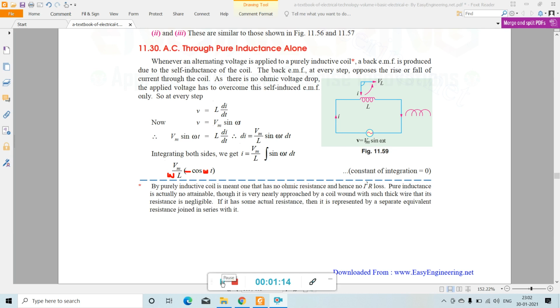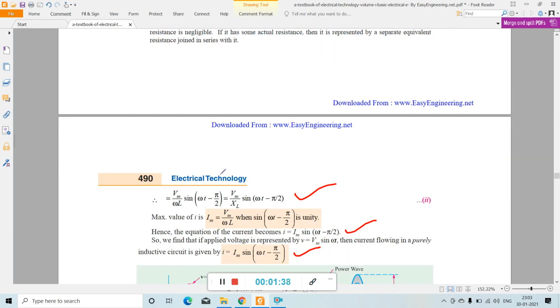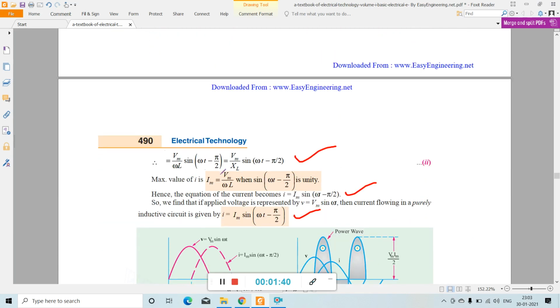In case of AC through pure inductance, if V = Vm sin omega t, here we found that I = Vm by omega L into minus cos omega t. This can be simplified as, finally, I = Vm by omega L sin (omega t minus pi by 2), that is equal to Vm by XL sin (omega t minus pi by 2).